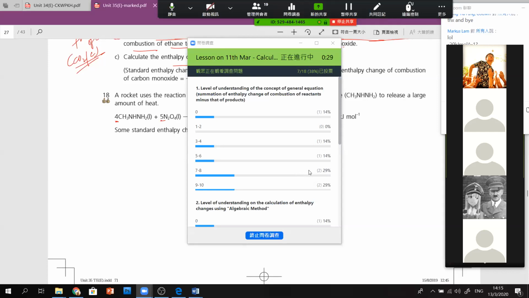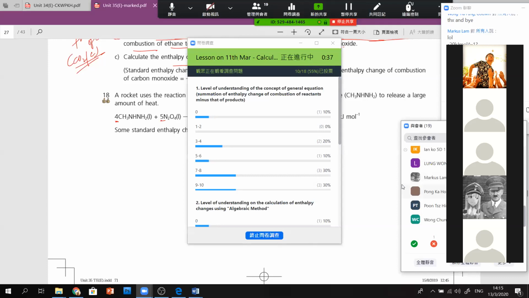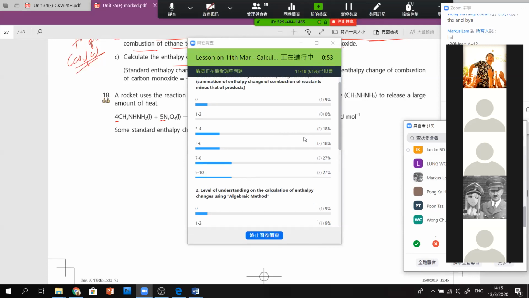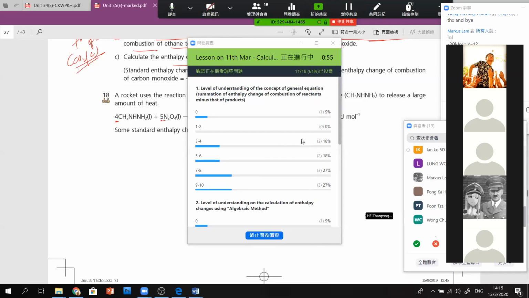Let's try to see 22111. So how about the others? For the others, cannot withstand, right? Most of you cannot withstand.